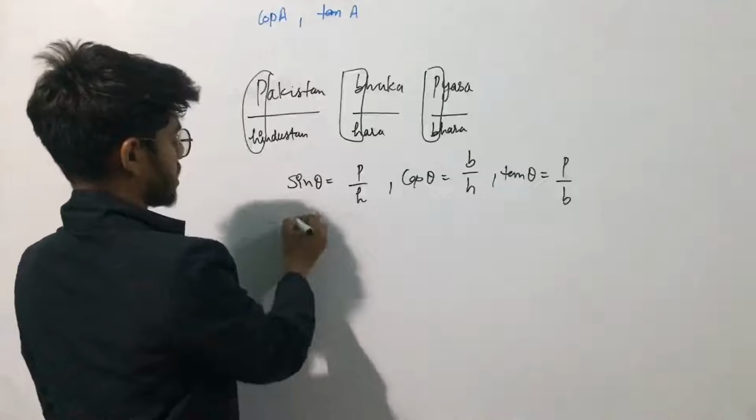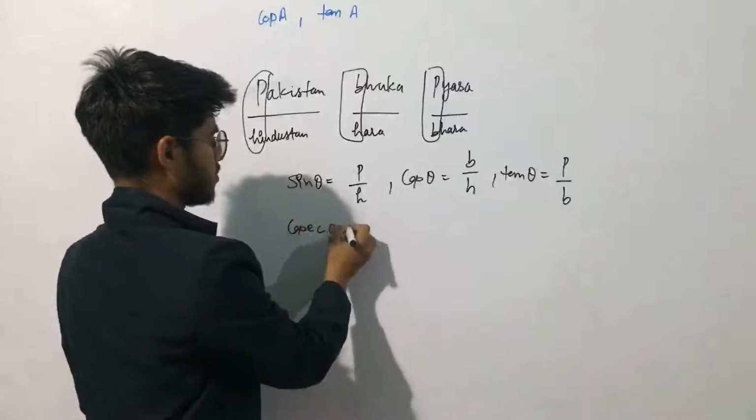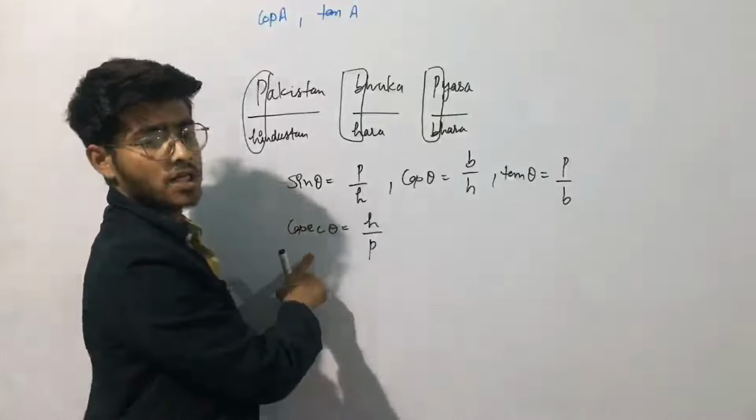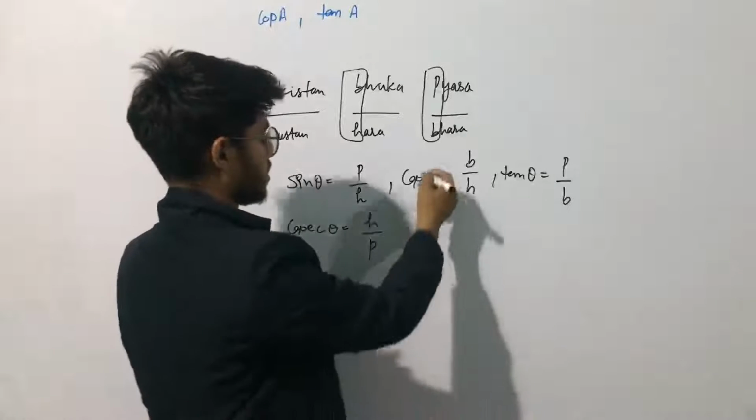Cosec theta is equal to hypotenuse upon perpendicular, because it is the opposite of sin theta.